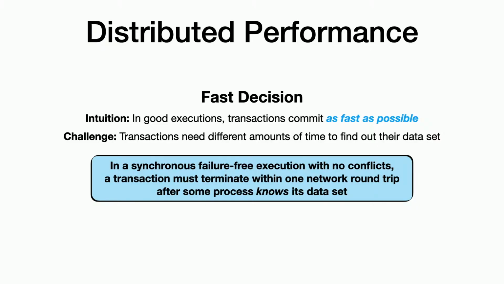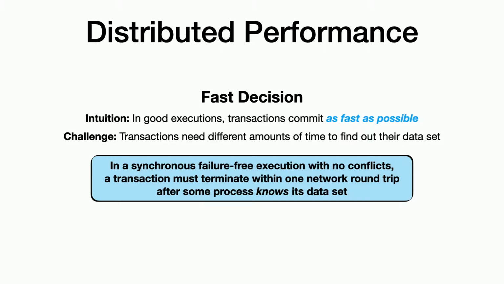It sends out a message saying, I've read this, I've gotten to the end of the if statement code, and I now know this is the data set. From the point that a single process knows what the data set is, you have a single network round trip to communicate with the rest of the machines, let them know what changes need to happen, and whether the transaction will commit or abort. In this case, it should always commit because we have no conflict.